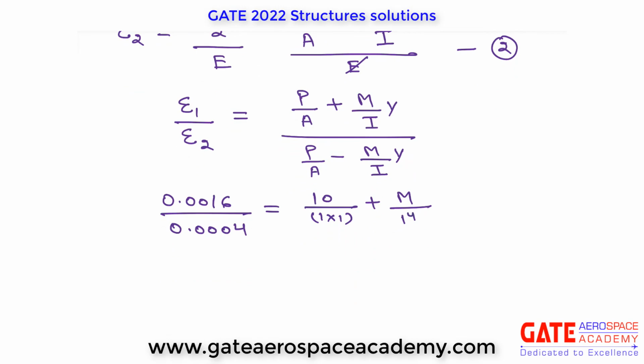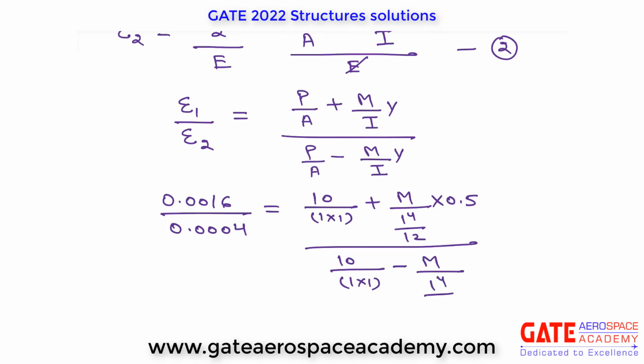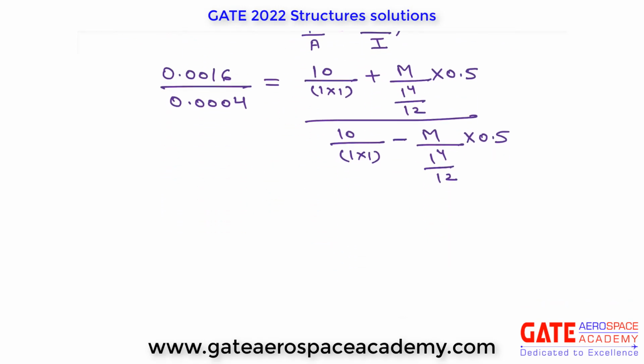So 1 raised to 4 upon 12, y is 0.5. 10 upon 1 into 1 minus M upon 1 raised to 4 upon 12 into 0.5. So this will be 4 times that, is equal to 10 plus 12 into 0.5, 6M upon 10 minus 6M.